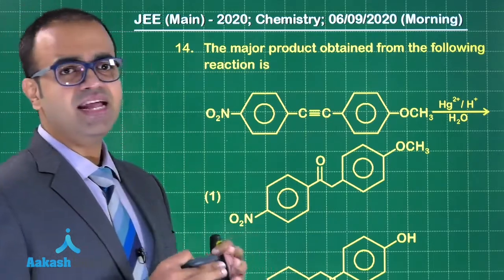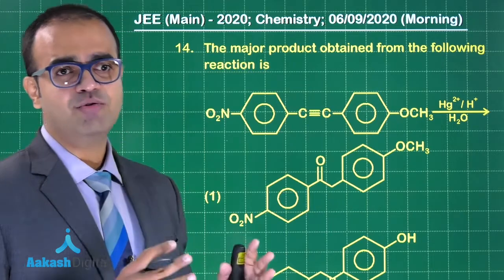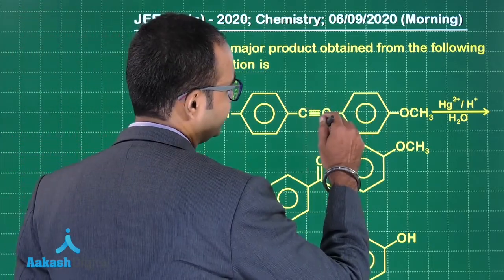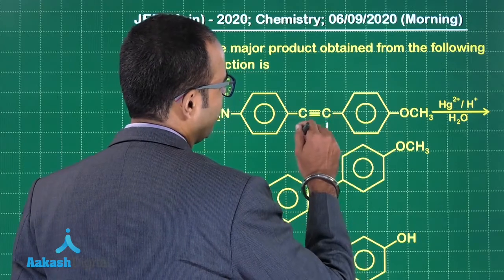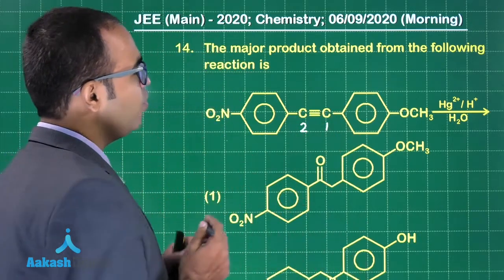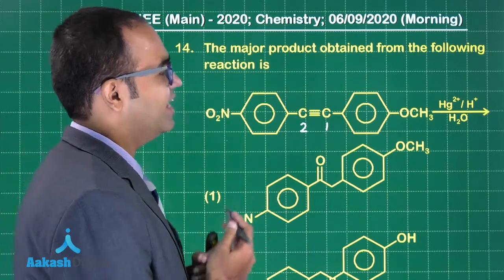So where will the initial attack of H plus take place? We have to identify that. Okay, so if we are talking about these two carbons, let us mark these carbons as carbon 1 and carbon 2. Yes, so where will the initial attack take place?